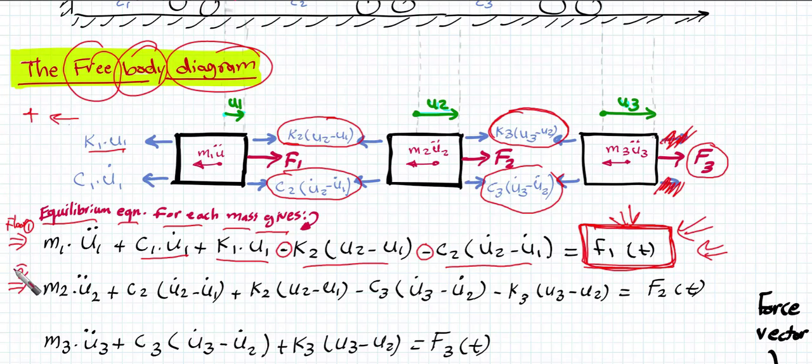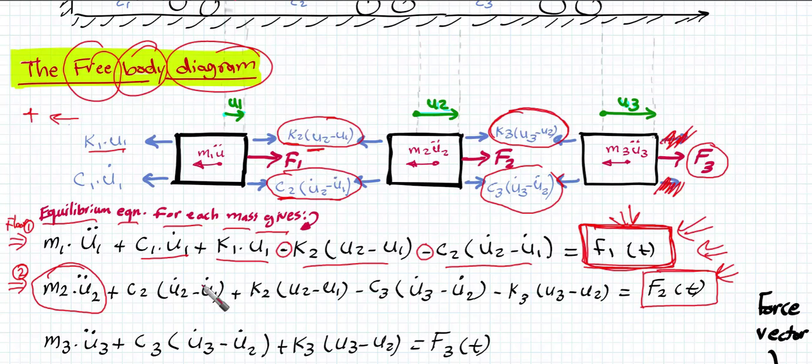Now for floor number 2, look at this floor. We have 1, 2, 3, 4, 5, 6 terms, so 6 forces are applied. Five of these terms are on the left hand side, and only the applied force is on the right hand side. So I can check them one by one. First, it is related to M2 U double dot 2, and then we have the damping forces and elastic forces coming from the second floor.